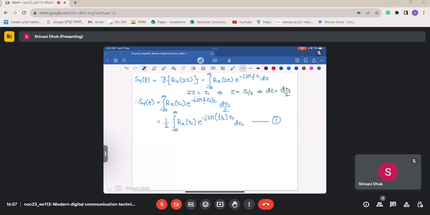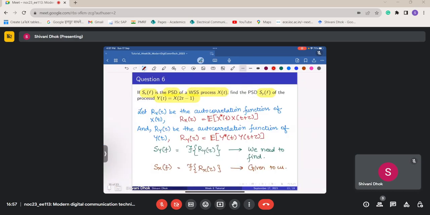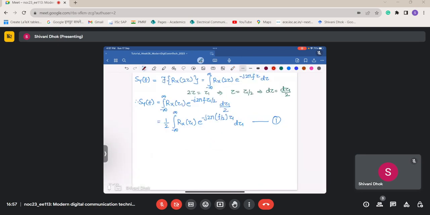Now we know that Sx of f is basically the Fourier transform of Rx of tau. So we'll explicitly write the equation for Sx of f, which is nothing but integral minus infinity to infinity Rx of tau into e power minus j 2 pi f tau d tau. This is equation 2, let's say.